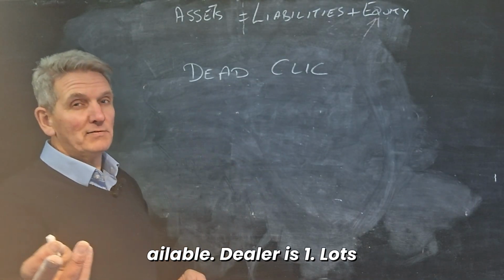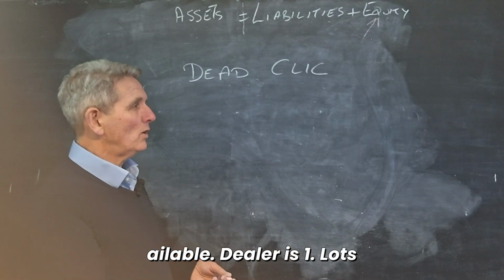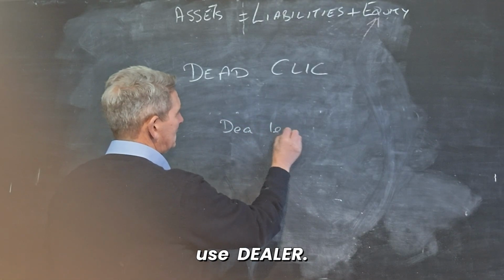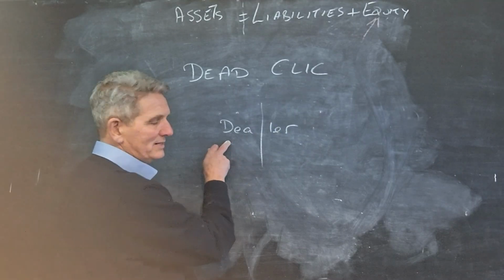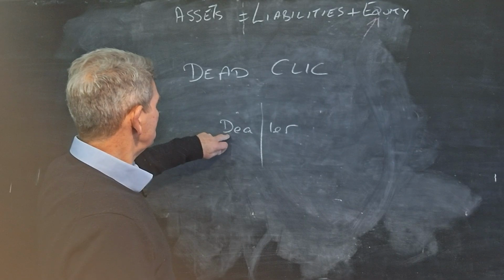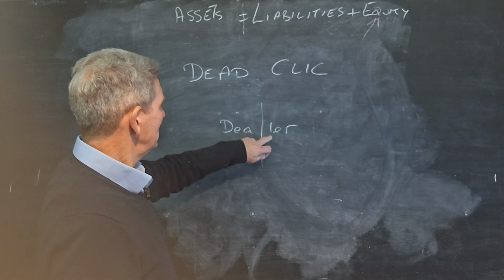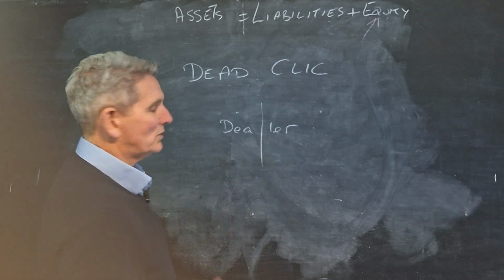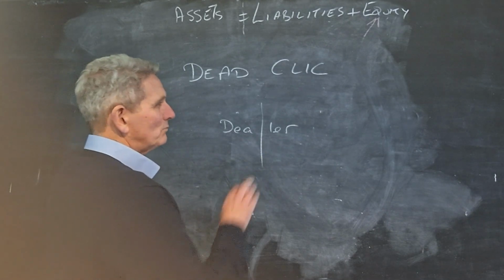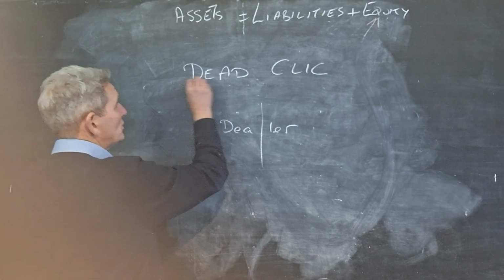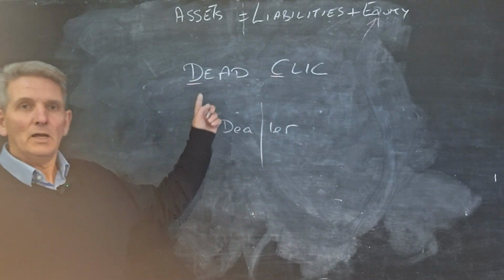There are other mnemonics available. DEALER is one. Lots of people, especially in America, use DEALER. Basically, they have DEA as, I can't remember what it is, drawings, dividends, expenses, assets, liabilities, equity, revenue. So slightly different terms. I much prefer this because it shows you straight away which is the debit side and the credit side.